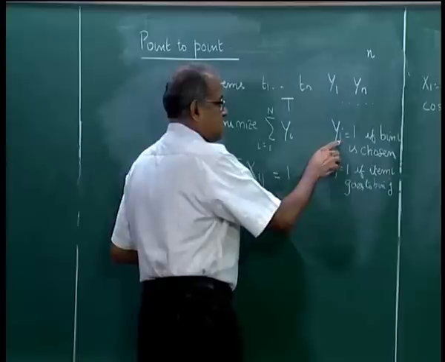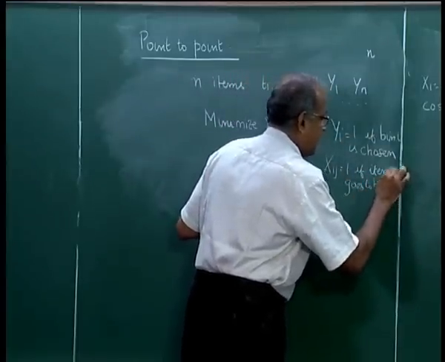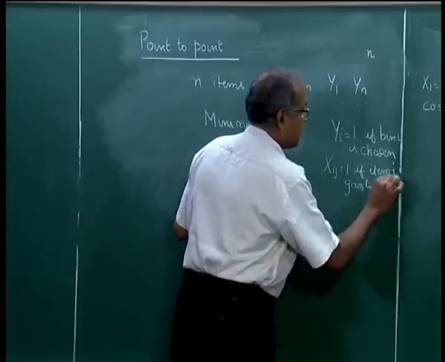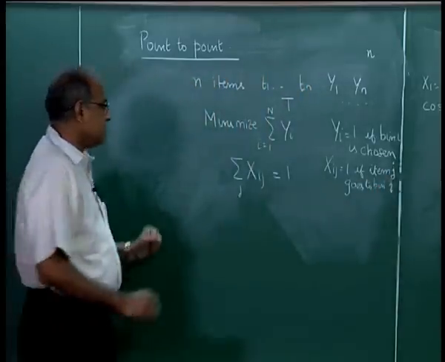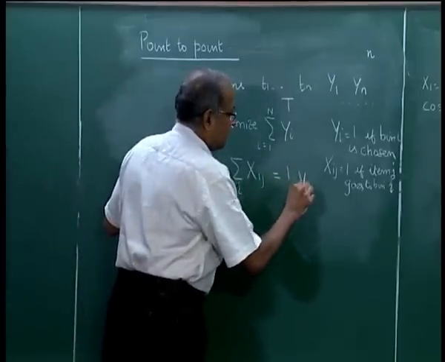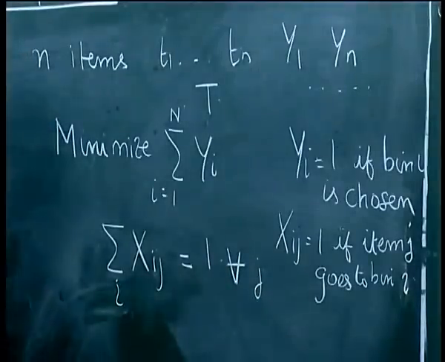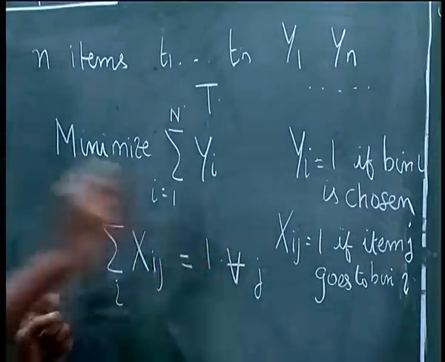I have used subscript i for the bin, so I would use subscript j for the item. So, item j goes to bin i. So, summed over all the bins, sigma xij equal to 1 for every item j. So, every item j will go to exactly one bin, which is given by this constraint.